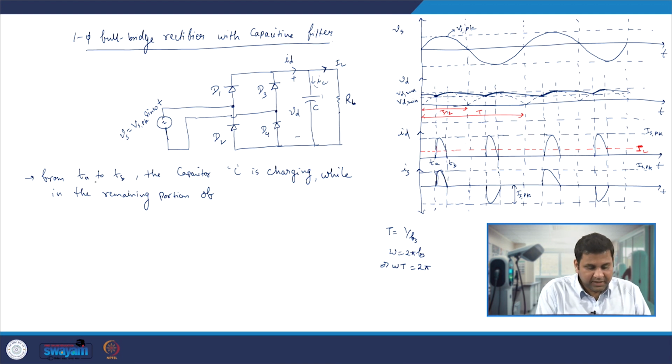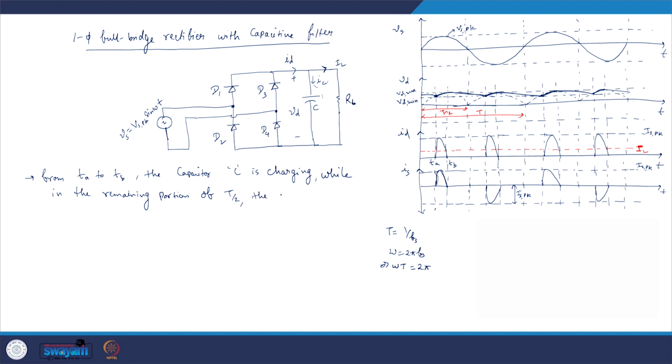So from Ta to Tb, the capacitor C is charging, while in the remaining portion of T by 2, the capacitor is discharging while giving current to the load RL.